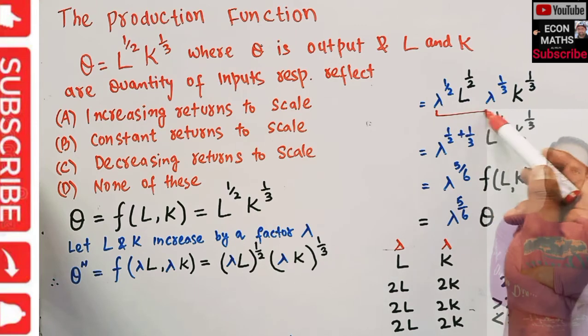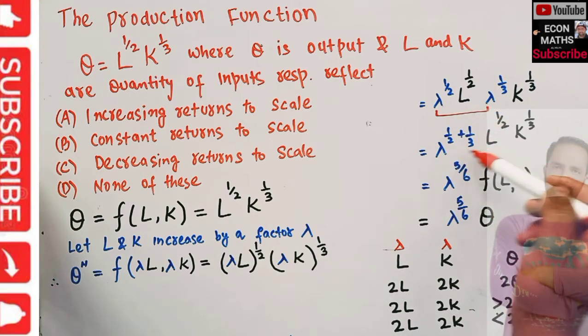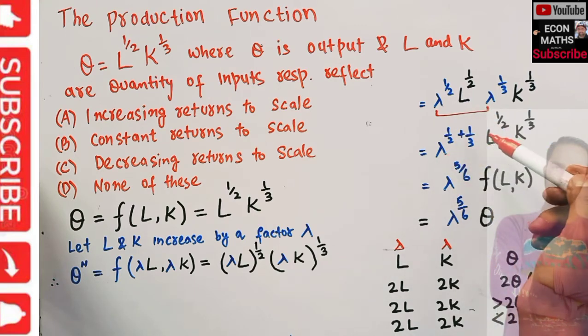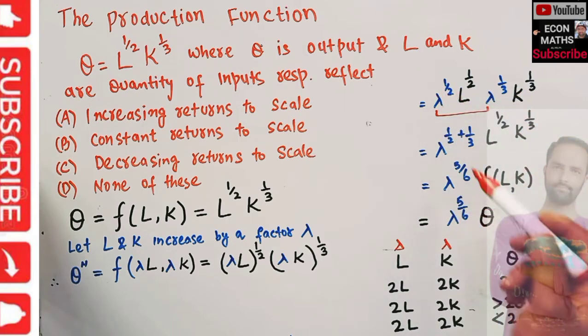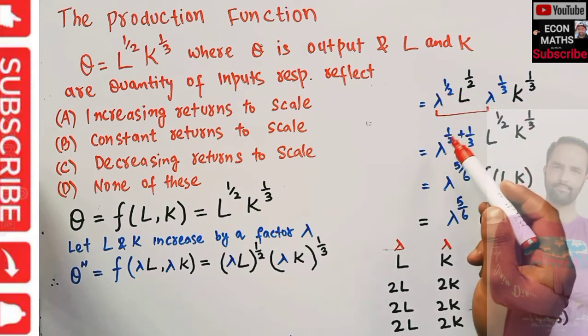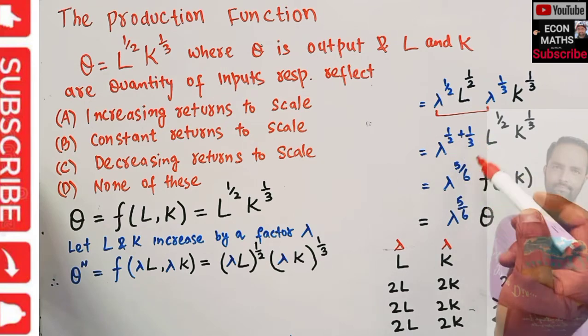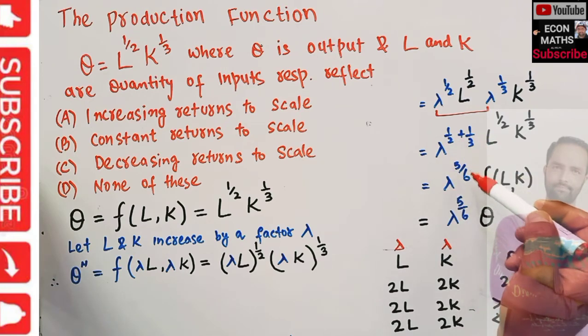I have written these two lambdas on this side. Since they have the same base, we can add up the exponents. So lambda times lambda, raised to the power 1 upon 2 plus 1 upon 3, becomes lambda raised to the power 5 upon 6.